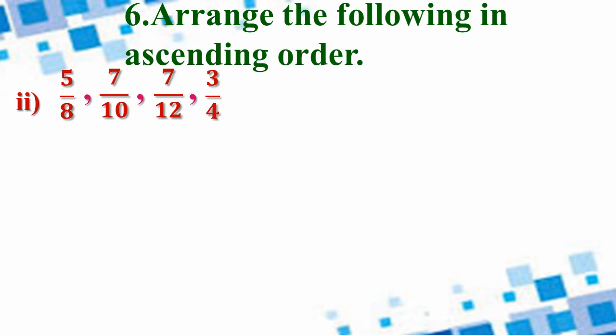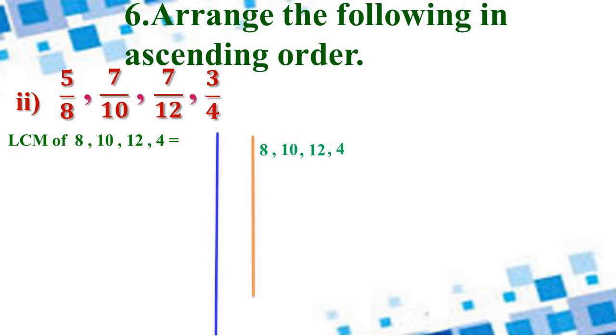Here we can see that these are unlike fractions. So first we will convert unlike fractions to like fractions. First find the LCM of the denominators, that is, the LCM of 8, 10, 12 and 4. So let us find the LCM.